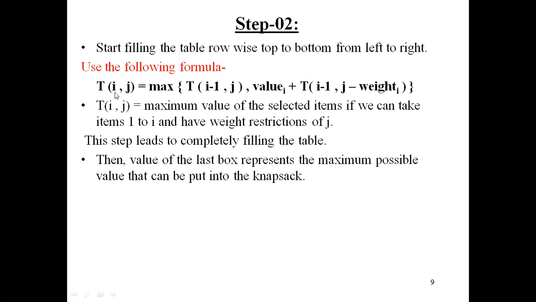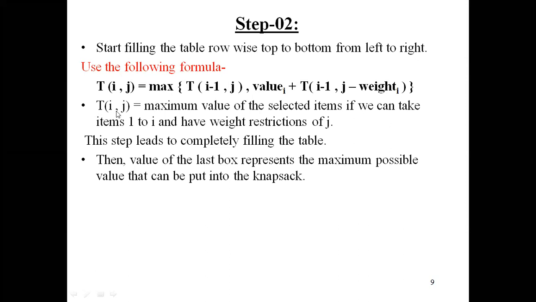So T of i comma j, that means the ith row and jth column cell, is equal to the maximum of T of i minus 1 comma j, and value i plus T of i minus 1 comma j minus weight i. This is the recurrence, the formula to fill up the table.